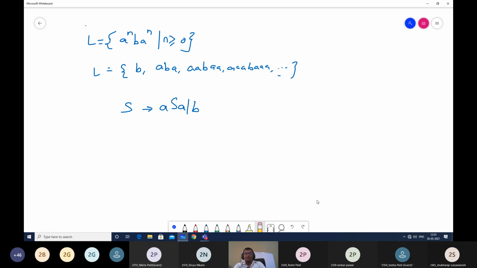If I apply S gives B, only B is getting accepted. If I want a string like ABA, first I'll apply S gives ASA, then S gives B, so ABA will be accepted. When I want two times A, B, AA, I'll apply S gives ASA two times, correct? Then I'll apply S gives B.